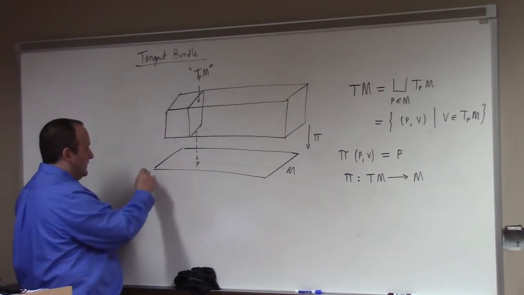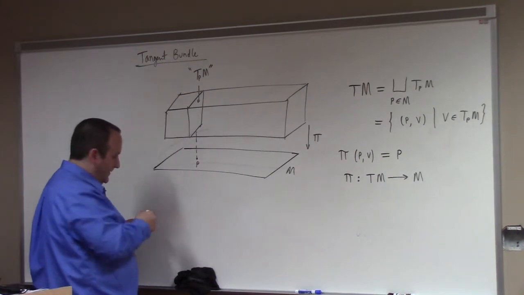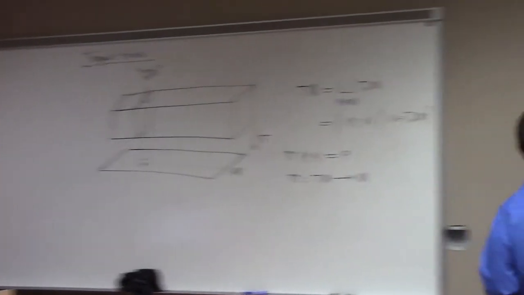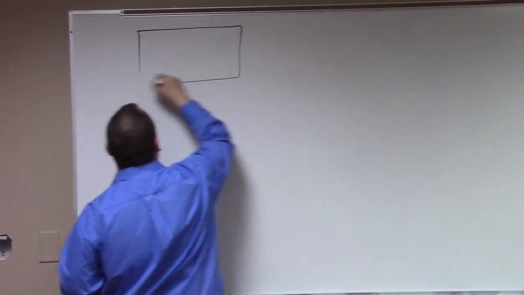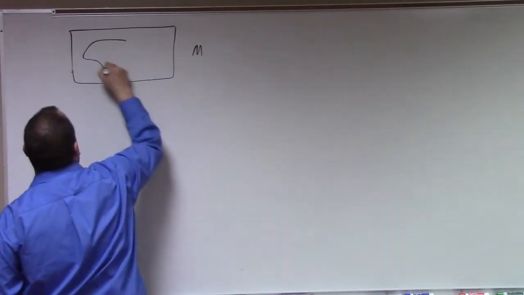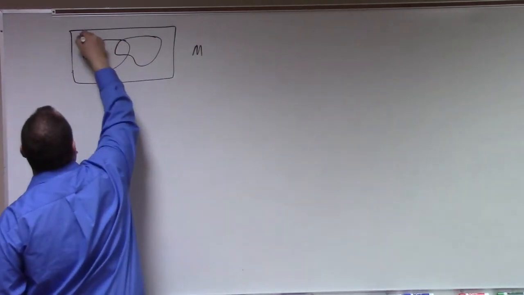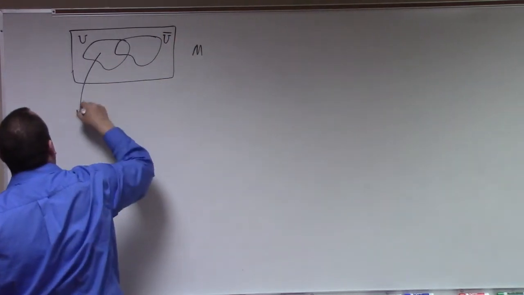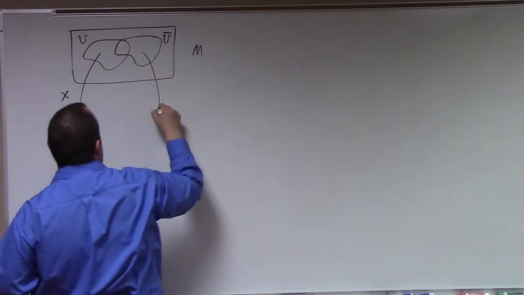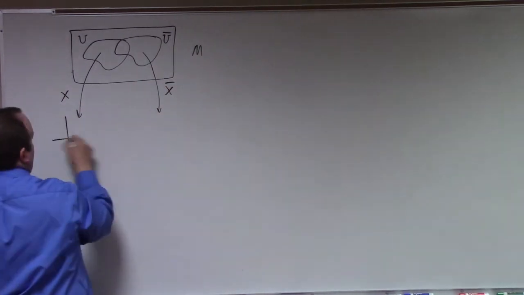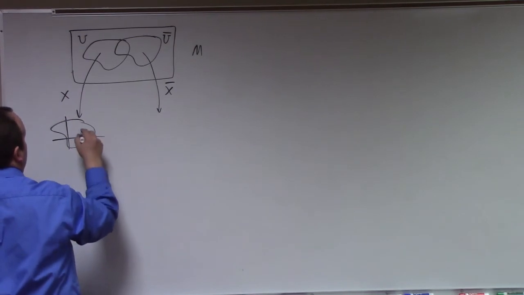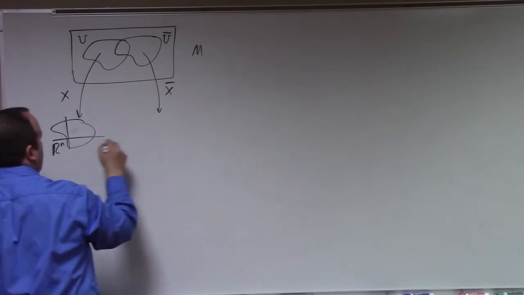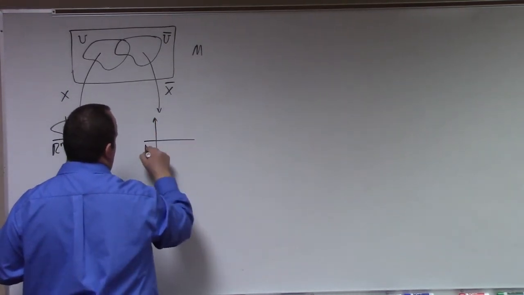So just a reminder, on the manifold, if we have U and another one, let's say U bar, then we've got coordinate chart x and coordinate chart x bar, going to R^n, of course.